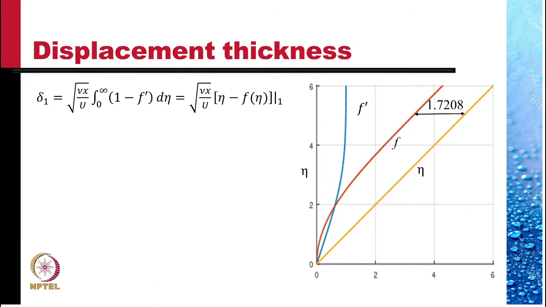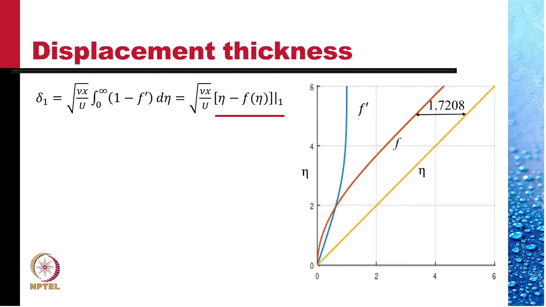If we plot f prime, which is u by capital U, and we plot f and we plot eta, then eta minus f tends to a constant value of 1.7208 as eta tends to infinity.